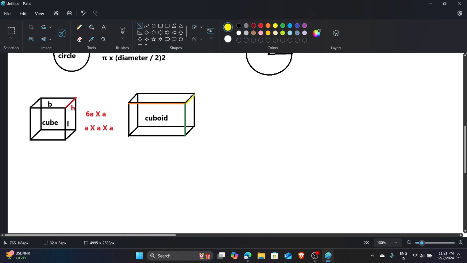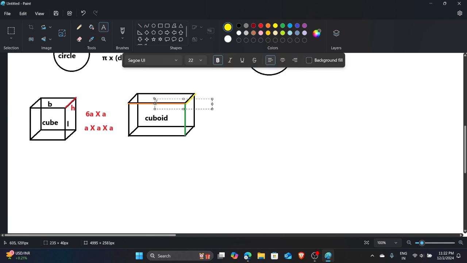As you can see, this is also a three-dimensional figure. One side is this, one side is this, and one side is this. This is a width.